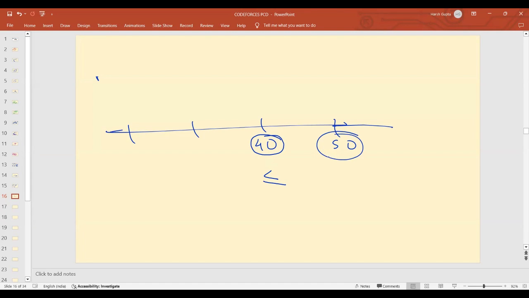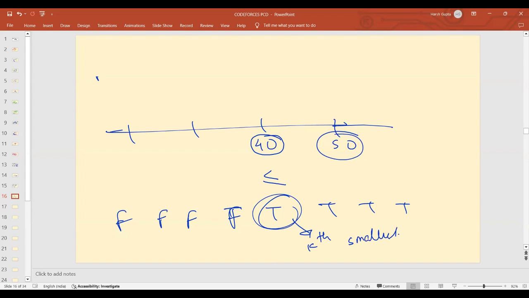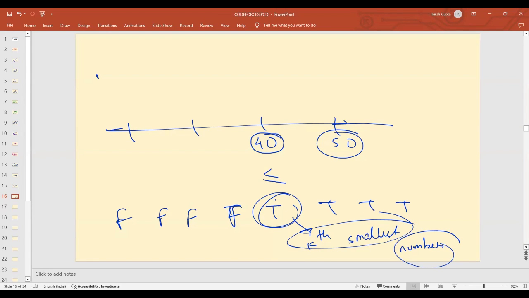Can I say this? If I can, then can I say that the last number where the count of numbers lesser than or equal to mid is greater than or equal to k, the last number I get, will actually be my kth smallest number?